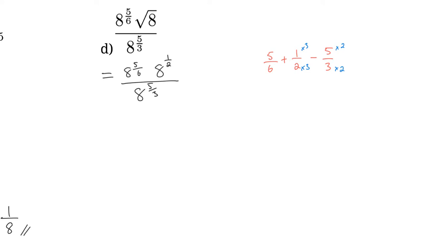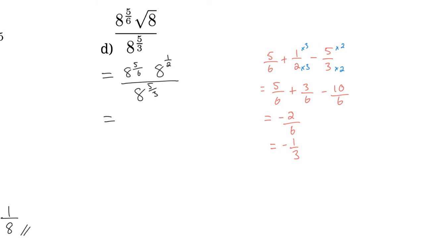So that's just going to be 5 over 6 plus 3 over 6 minus 10 over 6. And that's just equal to negative 2 over 6, which can be simplified even further to negative 1 over 3. So all this work on the side was just dealing with our exponents.